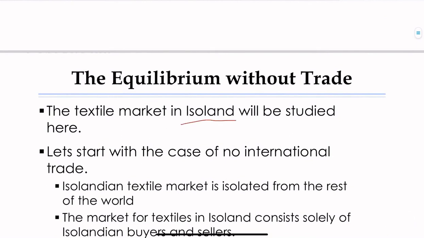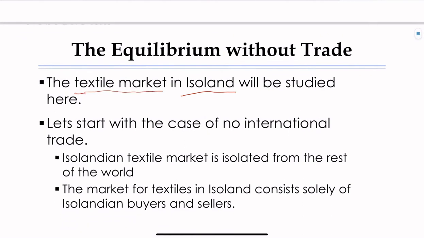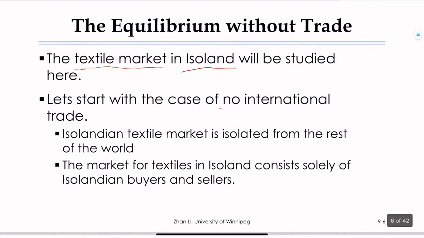Obviously, Iceland means it's an isolated land, right? So if it's called Iceland, you would expect, at least in the beginning, there was no international trade, right? Because it is isolated. So to be more specific, we are examining its textile market. And we start with the case of no international trade. So it is isolated from the outside world.